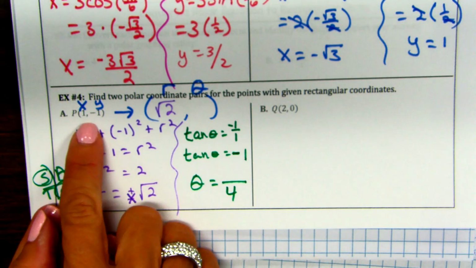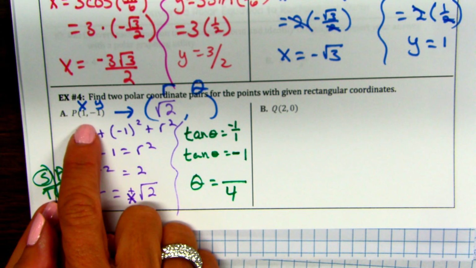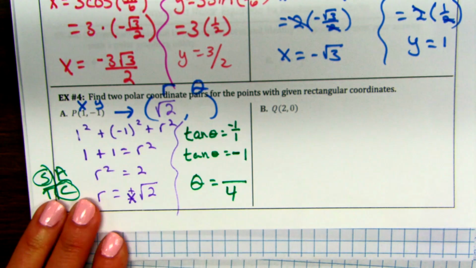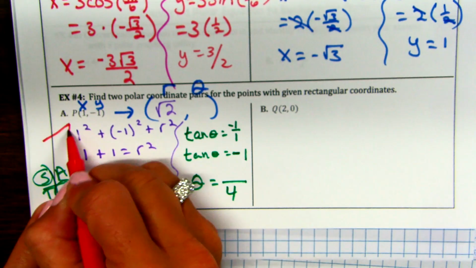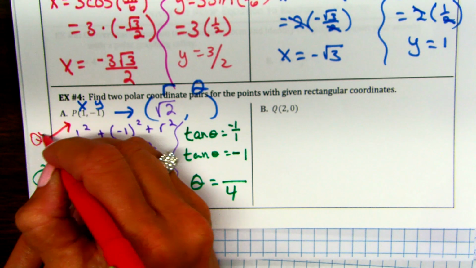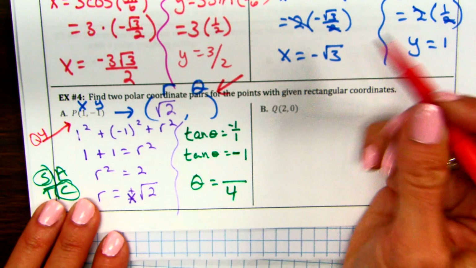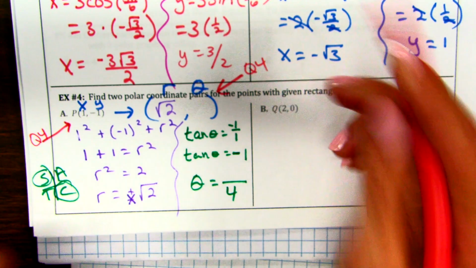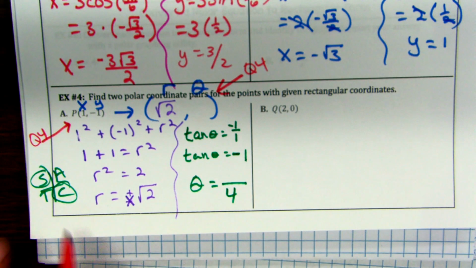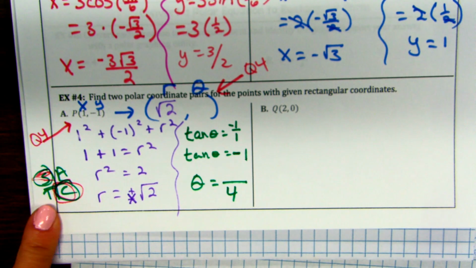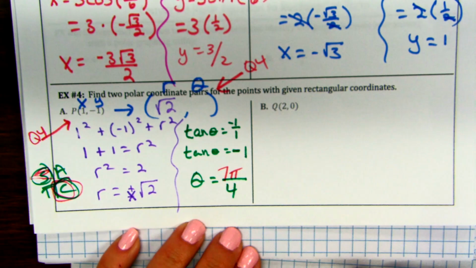So you all know where this point is. It's algebra. What quadrant is 1, negative 1 in? 4, right? Go to the right 1, down 1. This guy is in quadrant 4, so guess what? So is this guy. They're always going to be in the same place. That's how I know I'm going to use this one, which is 7 pi over 4.